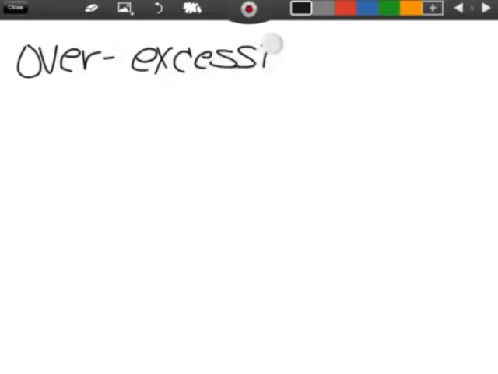Moving on to our next root, our fifth root is over. And over means excessive. I'm going to give you two examples.